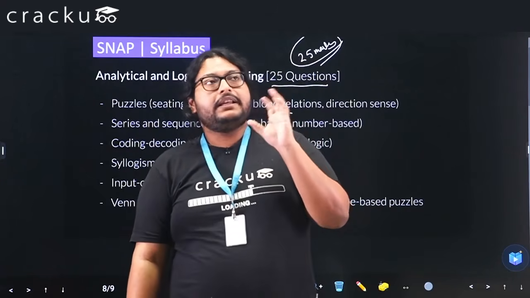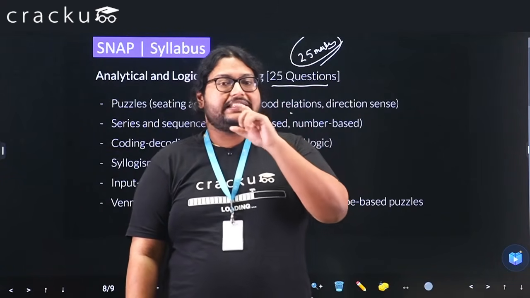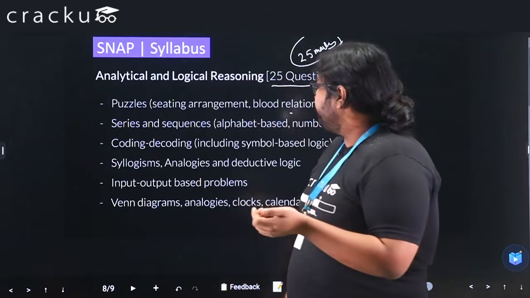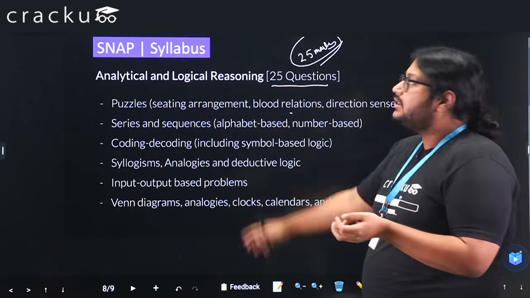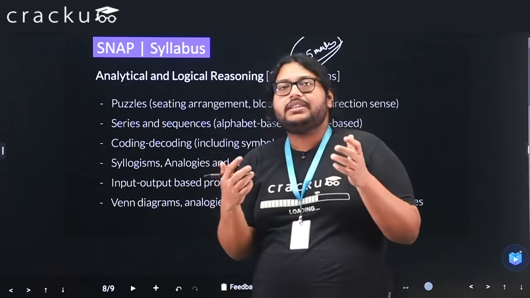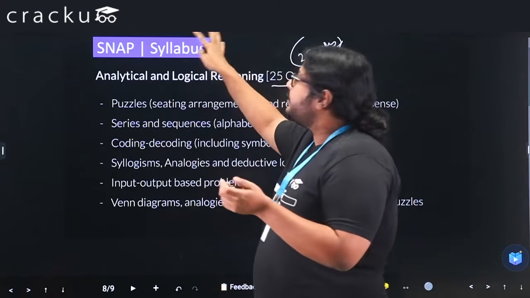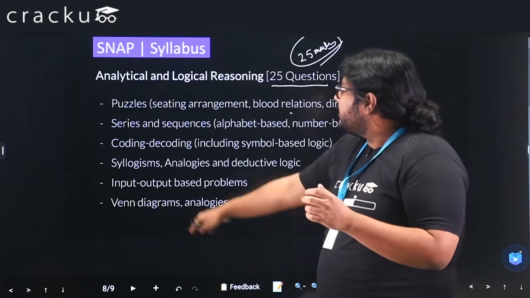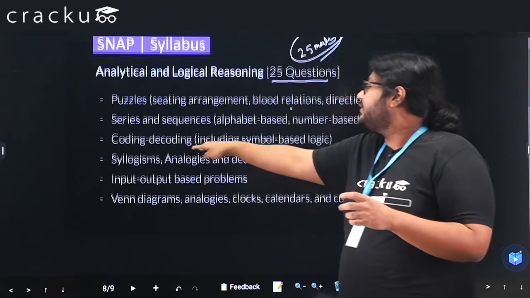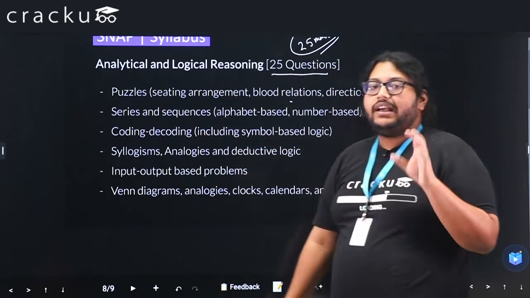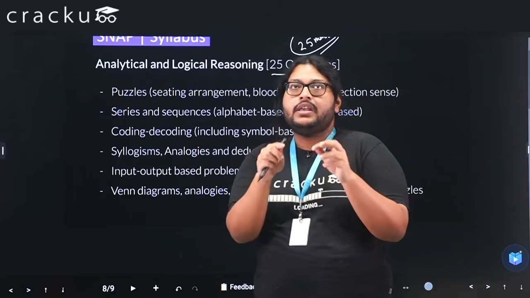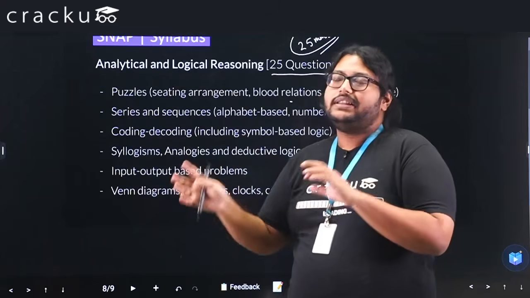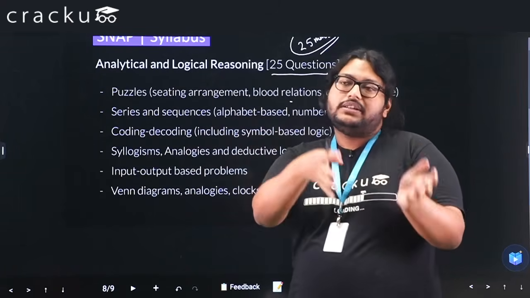But it can be alphanumeric as well. They will not give you numbers. Instead, they can give you letters and all that stuff. Letters as in, it can be something like, say, if A is coded as something, then how do we do other things? Those kind of questions. And that also brings us to coding decoding. Coding decoding can have things like if fan is coded as AFG, then word will be some other word.